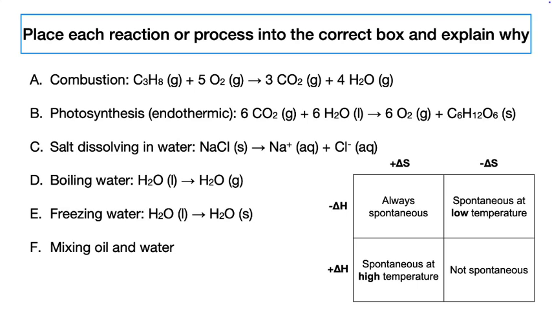If I simplify the expression as written right here, I get negative plus temperature. So when am I going to have a spontaneous reaction? When this value, my temperature, is small. When am I going to get a positive value? When this temperature is large. Does that make sense?